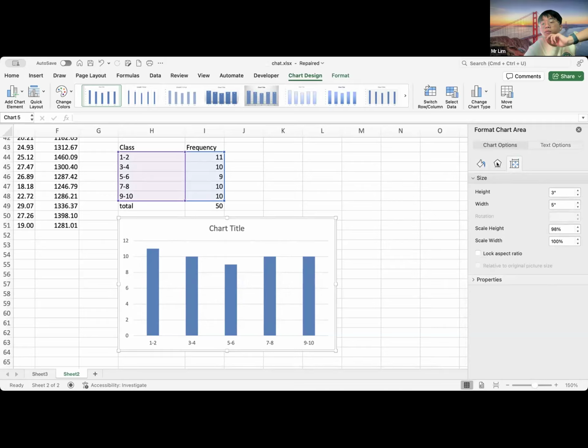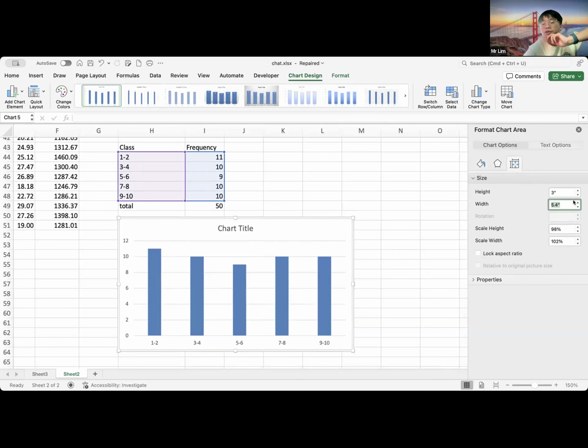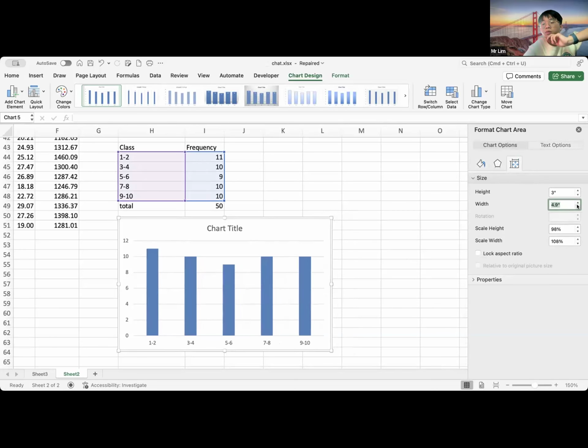Maybe we can increase the weight. Do I have a gap between them? I don't.